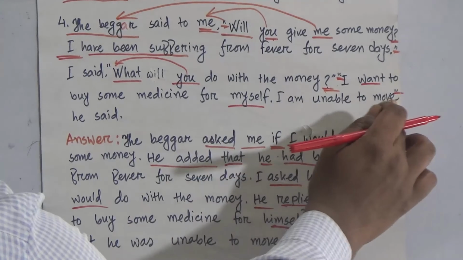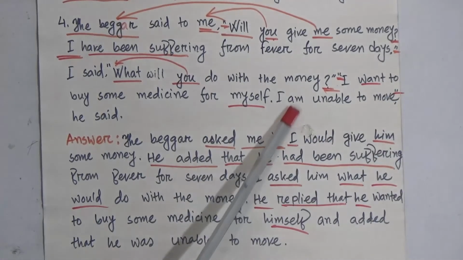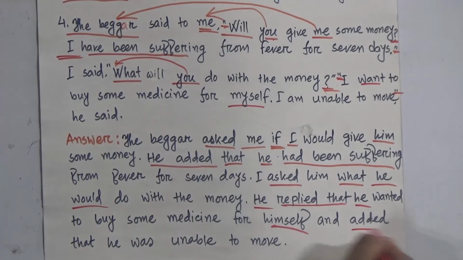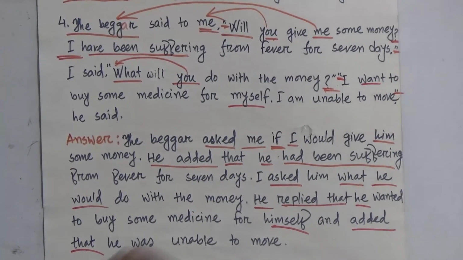Although it's uttered by the same person, we add only added, or also said that. You may write whatever you like. Added that, we used because it's an assertive sentence. I am unable to move, he said. So I would be converted to he, am would be converted to was, its past form, unable to move.